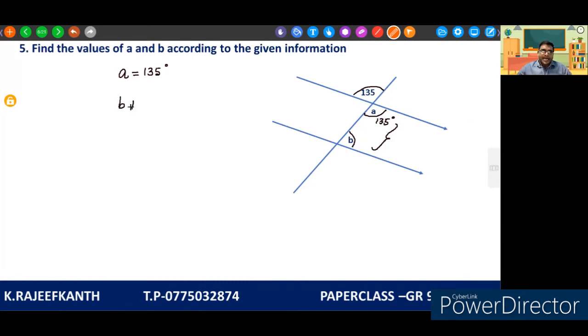So B plus 135 degrees is equal to 180. Then B is equal to 180 minus 135, then 45 degrees. Here A and B are allied angles, so the sum of the two allied angles is equal to 180 because these two lines are parallel. Then B plus A, that is 135, is equal to 180. Then B is equal to 45 degrees.